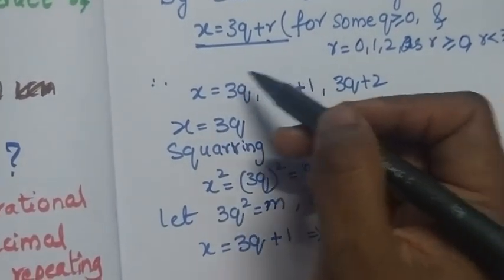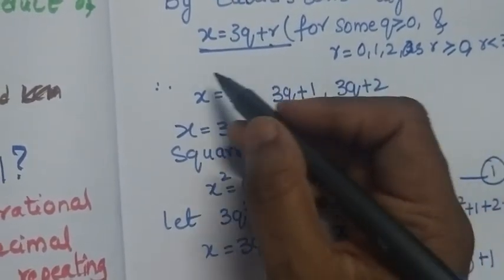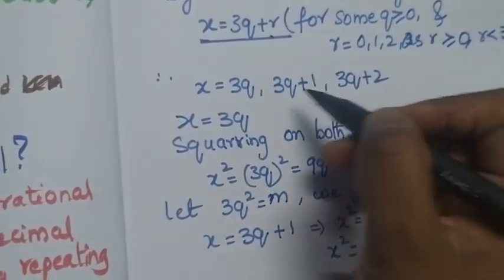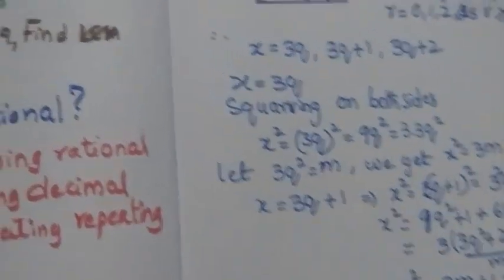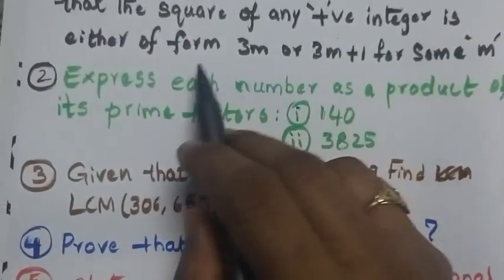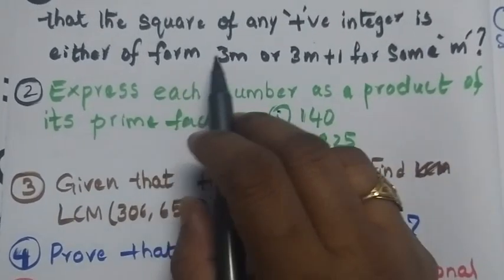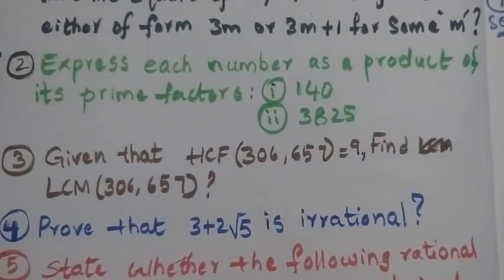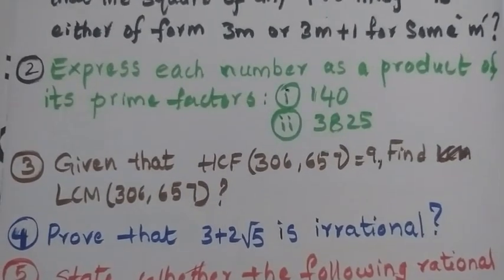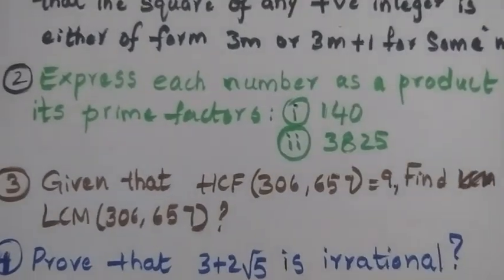Squaring on both sides, one by one we get 3 equations from this. Okay, so we get the proof that the square of any positive integer is either of the form 3m or 3m plus 1.